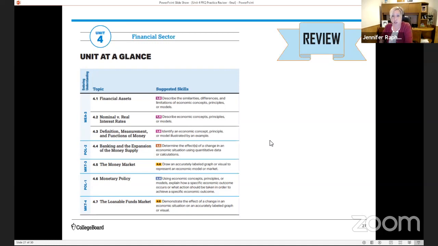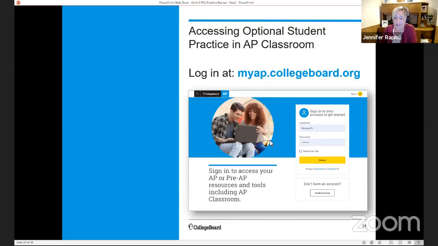And then we finished up with the loanable funds market, exploring how changes in the behavior of households' savings and how changes in government borrowing influence the real interest rate. Those are the two most commonly assessed determinants of the real interest rate: changes in household savings and changes in government borrowing.